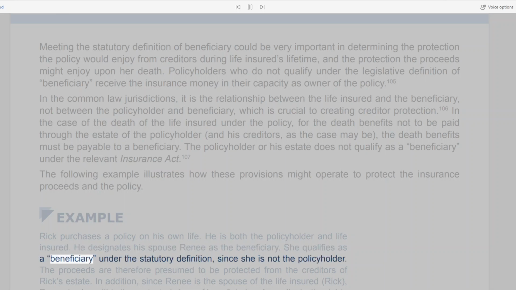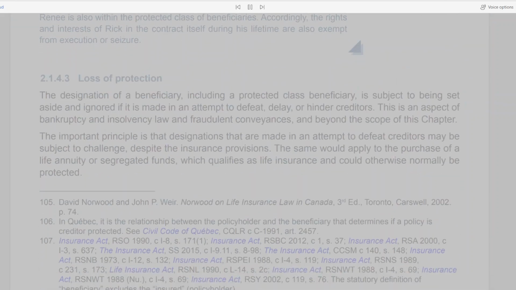She qualifies as a beneficiary under the statutory definition, since she is not the policyholder. The proceeds are therefore presumed to be protected from the creditors of Rick's estate. In addition, since Renee is the spouse of the life insured Rick, Renee is also within the protected class of beneficiaries. Accordingly, the rights and interests of Rick in the contract itself during his lifetime are also exempt from execution or seizure.